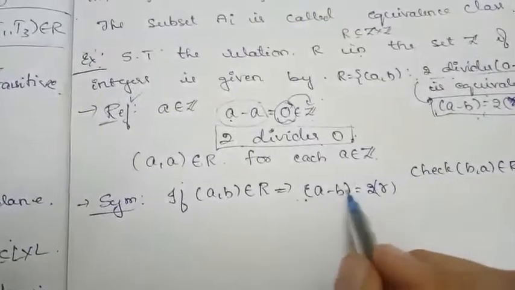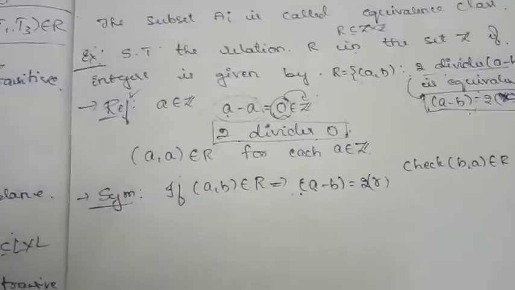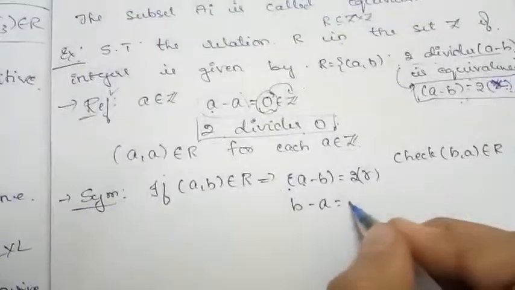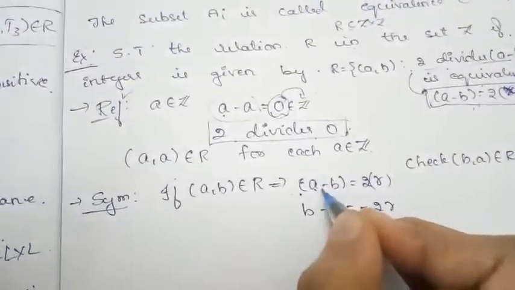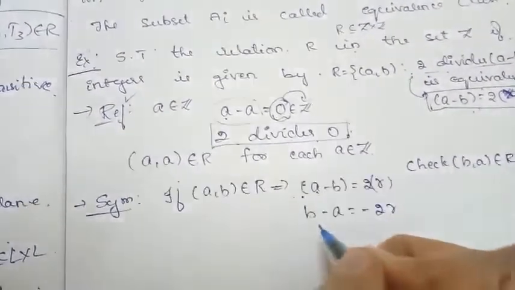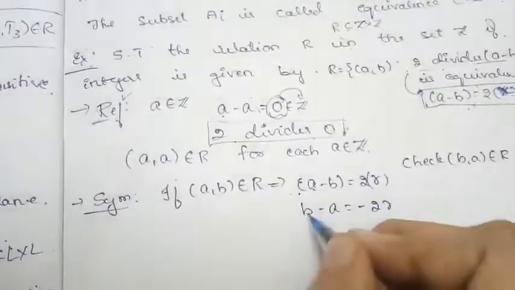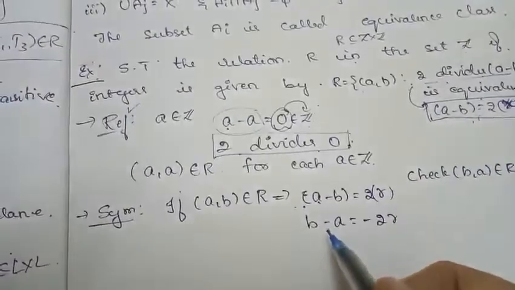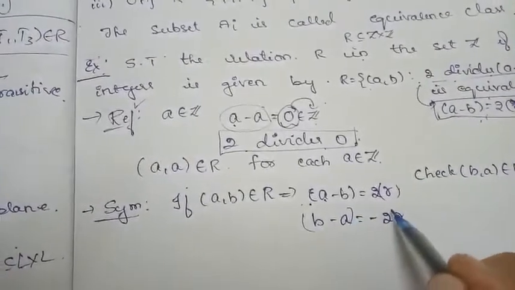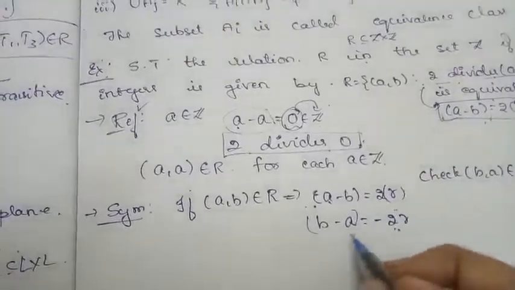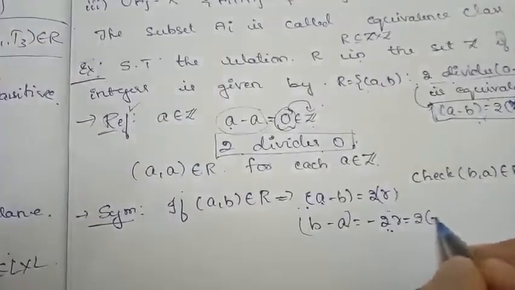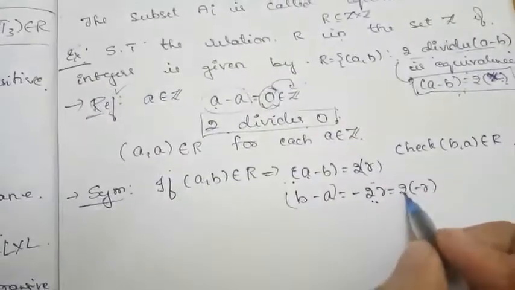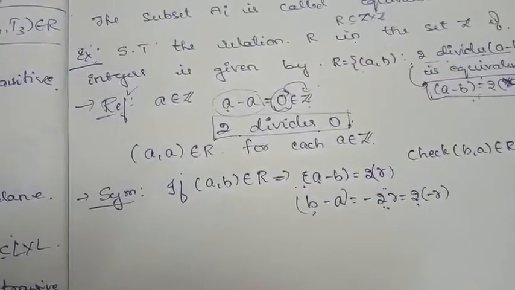So what does that imply? 2 divides A minus B. What does B minus A become? B minus A is nothing but minus 2r. If I take minus common outside, B minus A is equal to minus 2r. Whatever B minus A is, it is also divisible by 2, right? I can write it as 2 into minus r, where this minus r is something I call x. So B minus A is also divisible by 2.